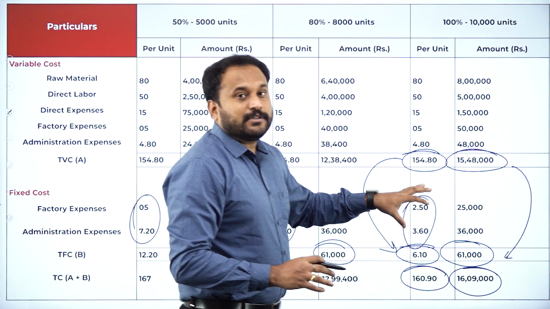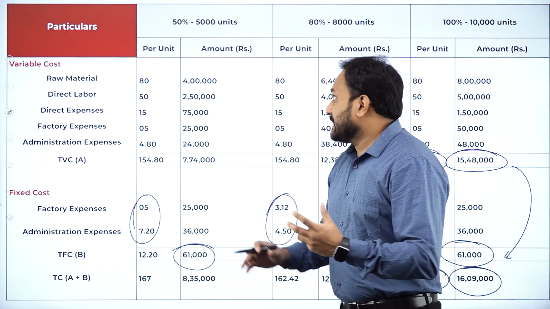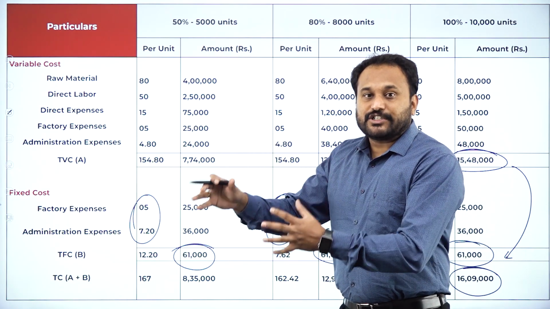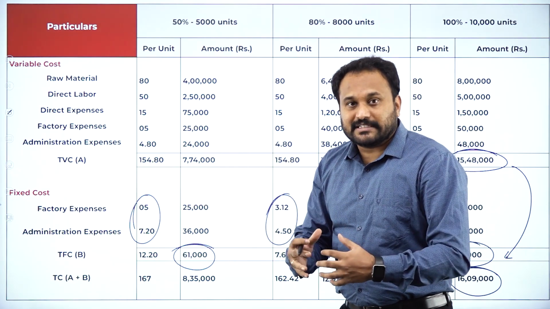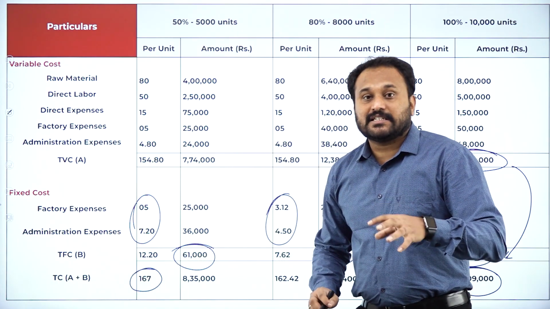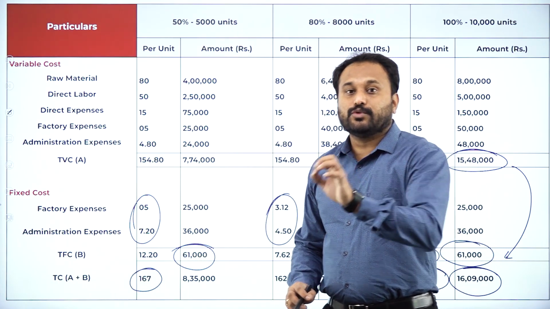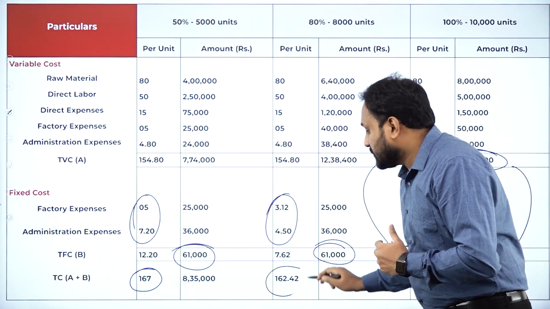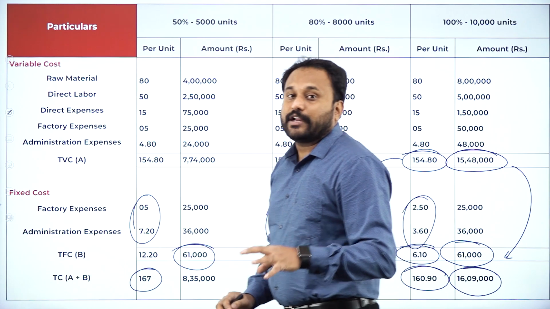And I want you people to understand what exactly it is here. If I have a machine where I manufacture only 50% capacity, total cost is 167 rupees per unit. But if I manufacture 80%, my total cost is 162.48 paisa.